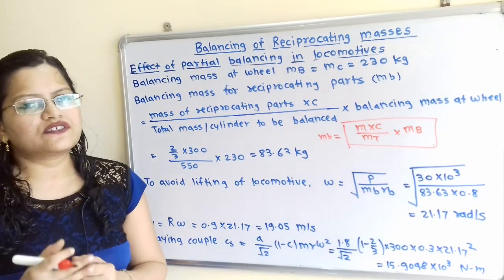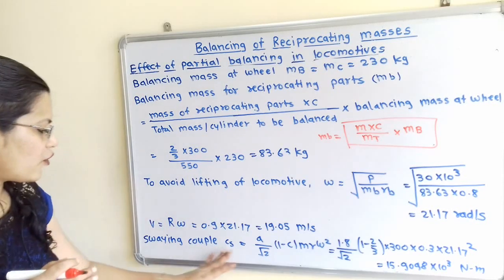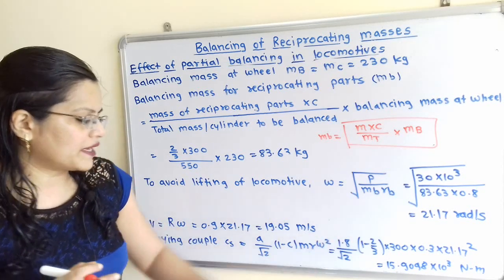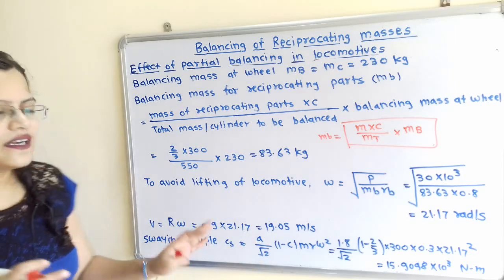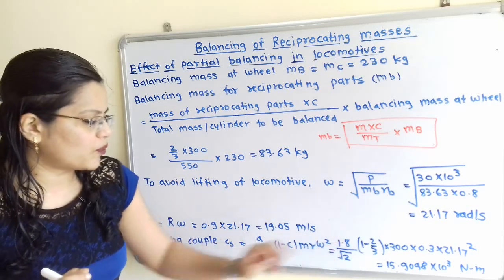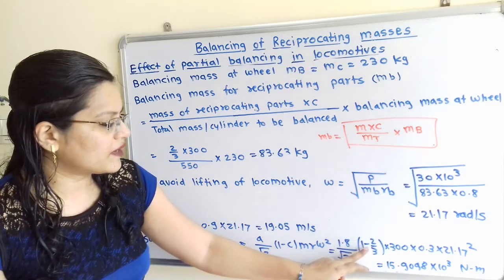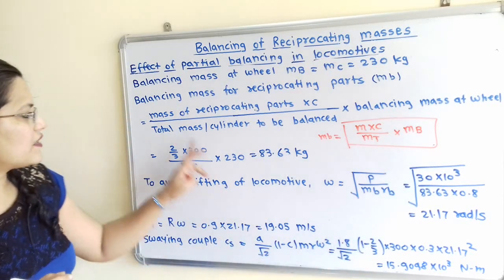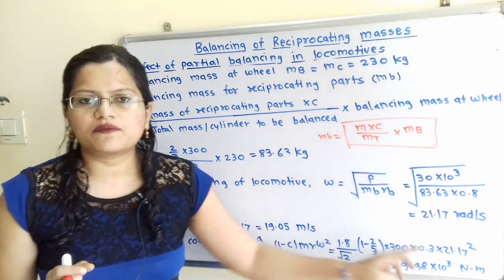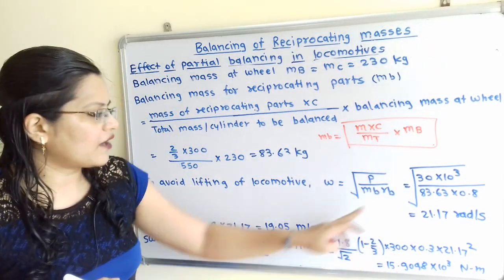Now we will move to the next question, the swaying couple. How to calculate the swaying couple? We have the formula CS is equal to a by root 2 into (1 minus c) into m r omega square. Here a, the distance between the cylinder centers, is mentioned as 1.8. c is 2 by 3, so 1 minus 2 by 3. m, the mass of reciprocating parts, is 300. r, the radius of the crank, is also given as 0.3, and omega we have calculated.